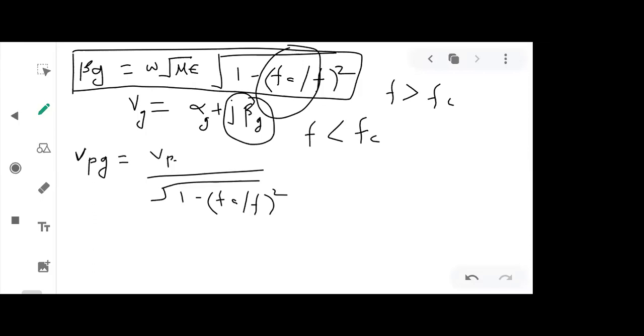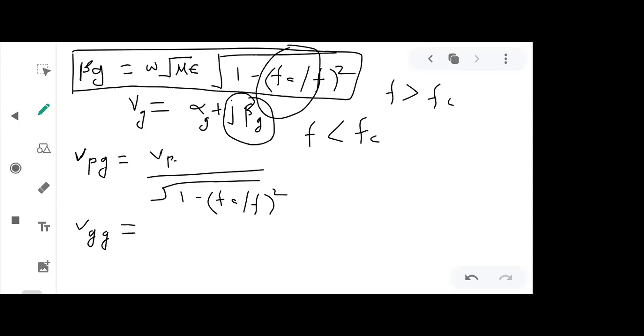Another, which is connected with the phase velocity only, is the group velocity. See, phase velocity talks about the speed at which the phase is traveling inside a waveguide. But the group velocity talks about the speed at which the EM energy is traveling inside any medium. Here particularly we are talking about the waveguide.